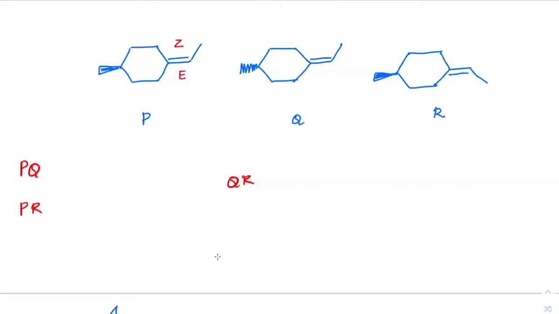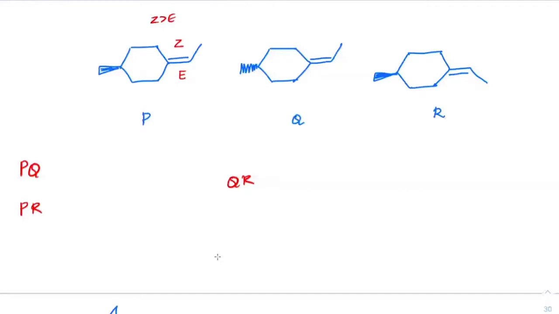Which is more preferred between E and Z? Z is more preferred than E. Although the groups are the same, their cis and trans forms are different. If you go from this direction and that direction, you will still consider this a chiral center.